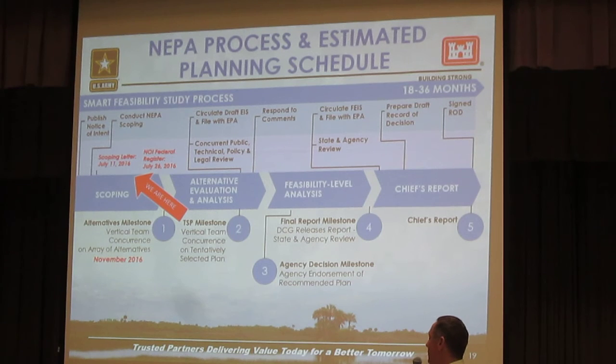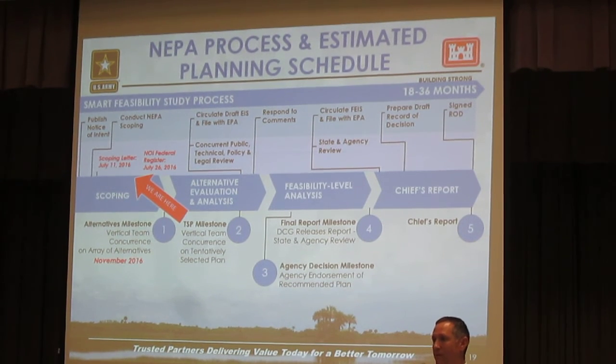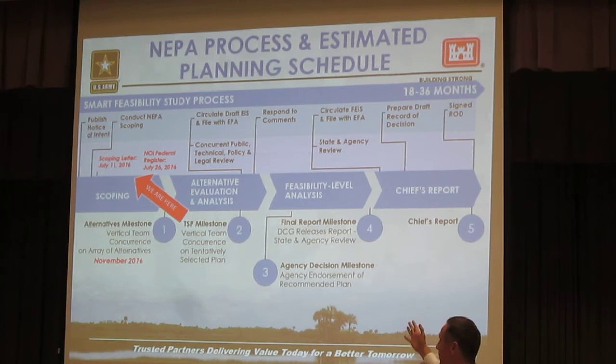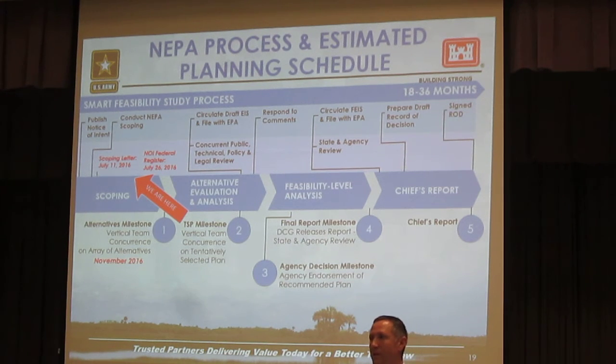When that process moves forward, we go through an evaluation process to identify what we think is the tentatively selected plan. It's not the recommended plan because we still have to hear from all the various agencies and public and tribal governments on what we think are some things that need to be considered in that plan, and have they all been considered correctly. And that gets done as part of a draft environmental impact statement, a draft PIR that goes out for public comment. So that's another opportunity for folks to weigh in on what the agencies have come up with as a restoration plan, but also to provide their input on that.